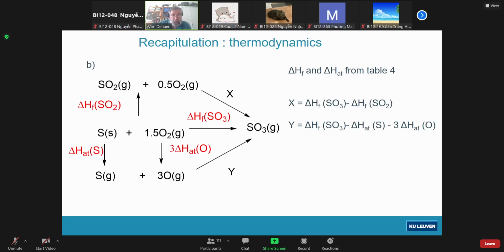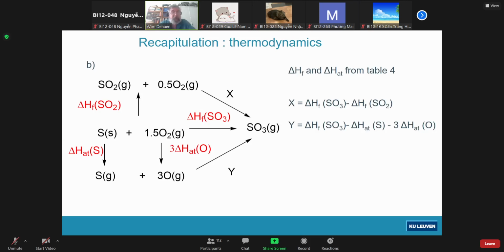Why the minus? If you go from SO2 plus half a mole of oxygen to sulfur and so on, we have to invert the arrow. So the direction of the arrow is important to know if you have a minus or not.